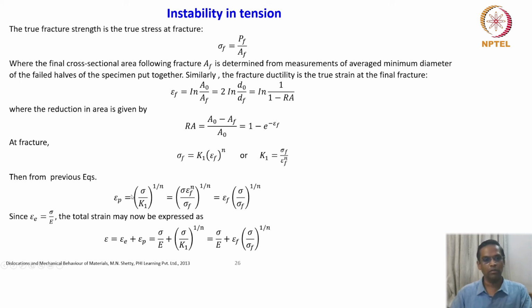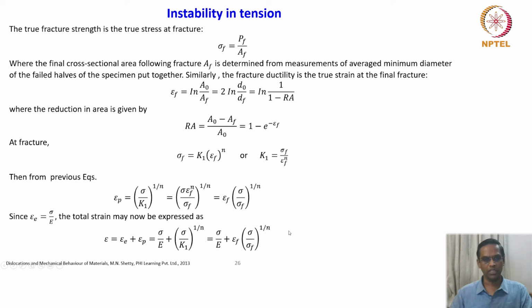So we now know epsilon p and epsilon e. So total strain is equal to epsilon e plus epsilon p, which is nothing but sigma by E plus sigma by k1 to the power 1 by n, which is nothing but sigma by E plus epsilon f times sigma divided by sigma f to the power 1 by n.